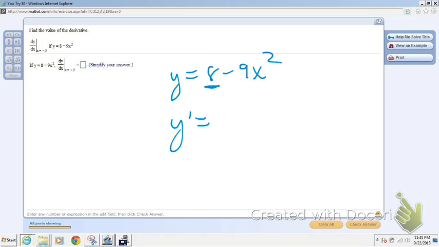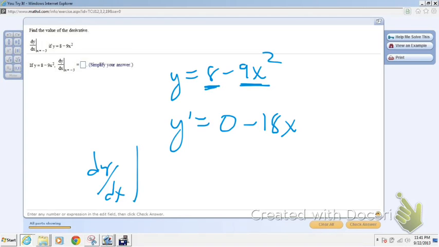So the derivative of 8 is 0, derivative of a constant is 0, the derivative of negative 9x squared is negative 18x, and then it says to evaluate dy dx at x equals negative 5, so this means y prime evaluated at negative 5, so we're basically storing negative 5 right there, so negative 18 times negative 5 is 90.